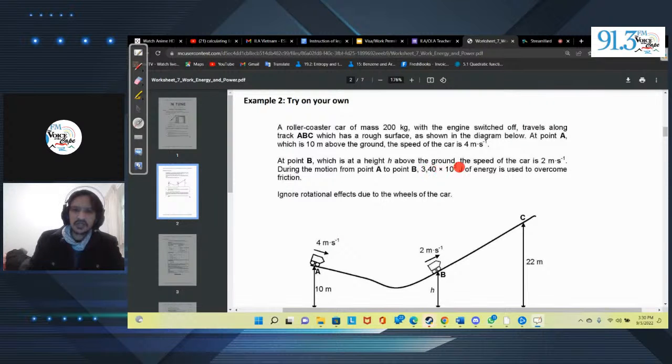So we had to put in energy to overcome the resistance provided by the surface on which the roller coaster car is traveling. They say to ignore rotational effects due to the wheels of the car, so lucky for us, we don't have to consider any rotational dynamics. Now, let us go ahead and attempt to solve this problem.